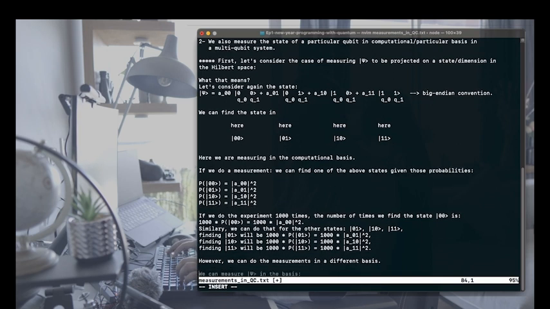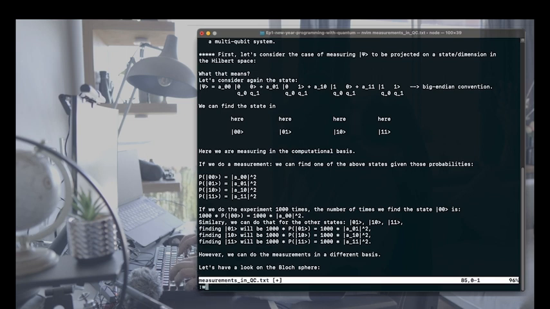Also, we can perform the measurements in a different basis. To understand how to perform measurements in different bases, let's have a look at the Bloch sphere. If you open any Bloch sphere, you will find that there is X, Y, and Z, and for every axis we can have a specific representation for the basis of a qubit.